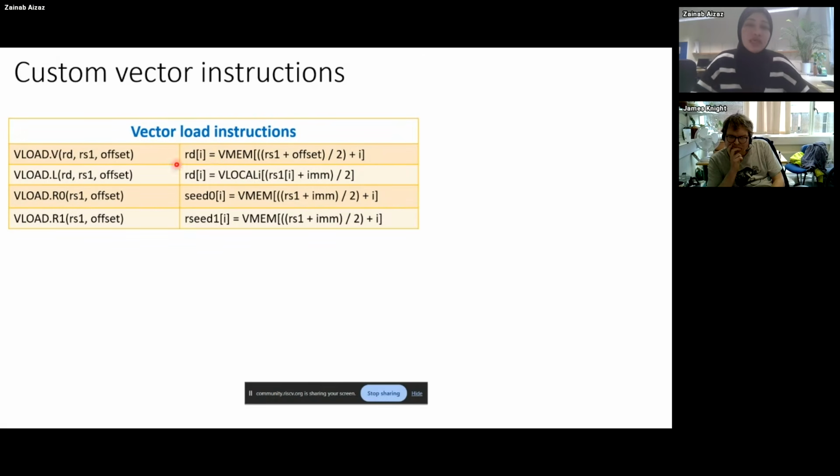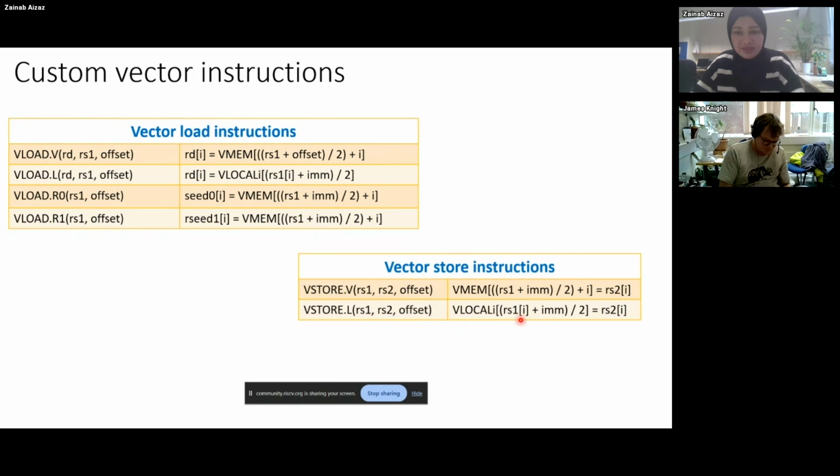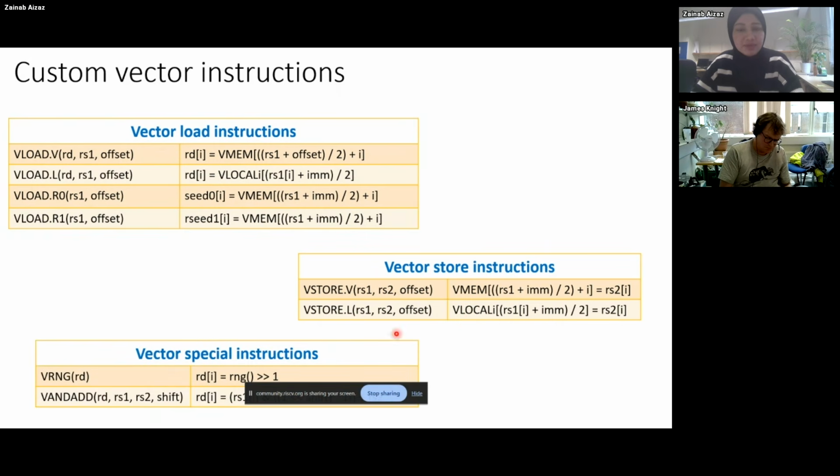Then vector load is for loading the data from vector memory, from lane local memory, and from the seed registers. I'll explain what seed registers are, but they're used for stochastic rounding. And then vector store instructions are for storing to the vector memory and the lane local memory. And these special instructions have been very useful.